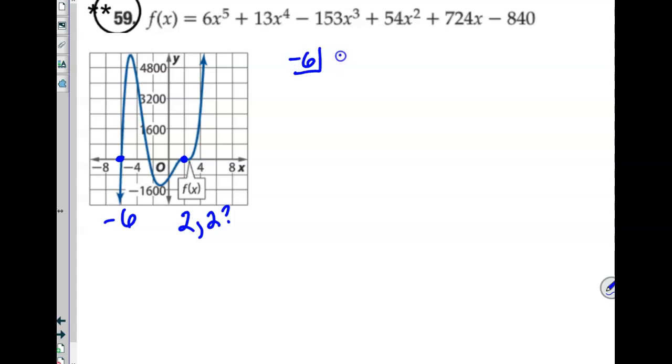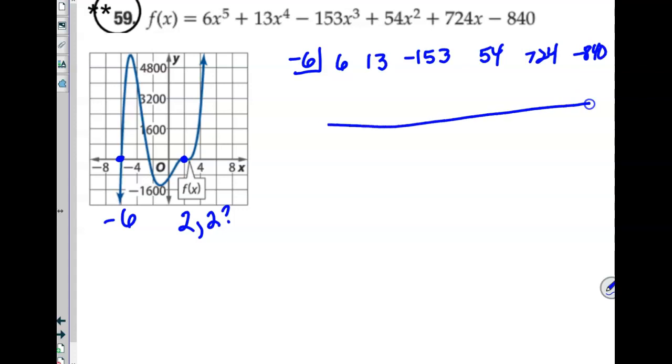Negative 6. Okay, 6, 13. I'm going to need someone with a calculator. Okay. 6 times negative 6 is negative 36. Adding is negative 23. I'm already stuck. 138? No? Okay. Minus 153. Negative 15.